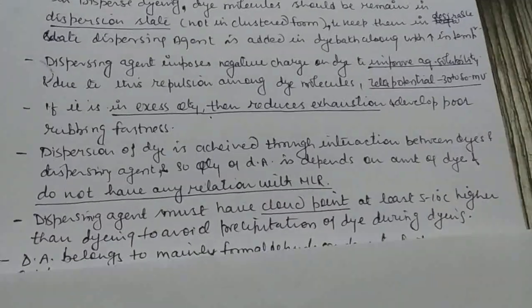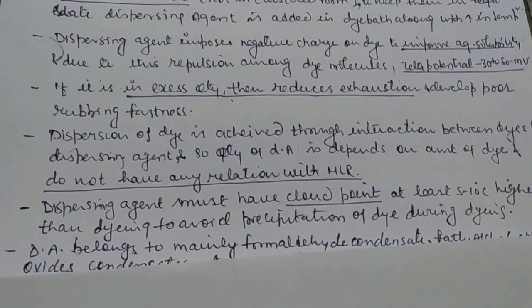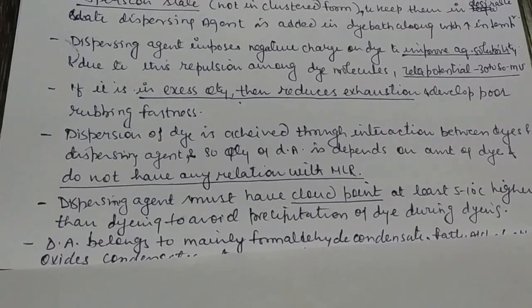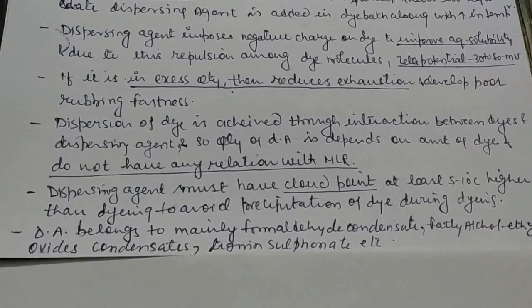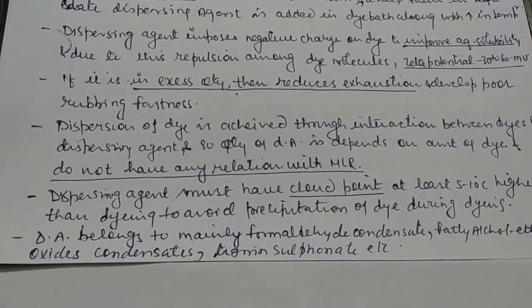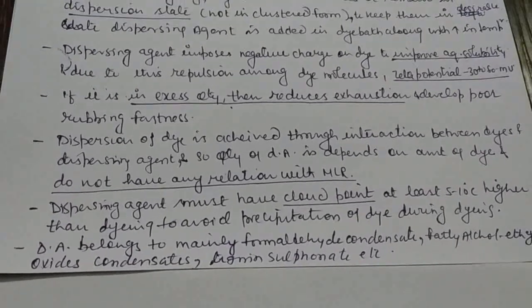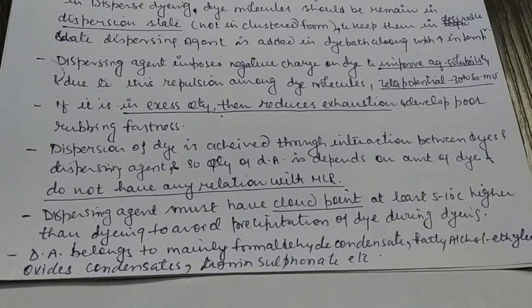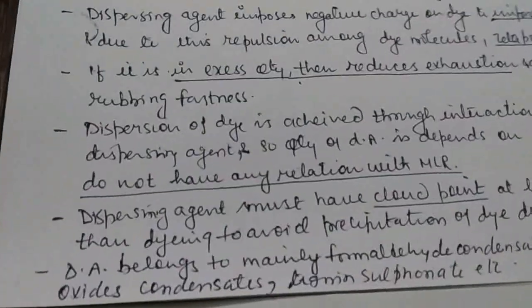So to avoid precipitation, the dispersing agent must have a cloud point 5 to 10 degrees centigrade higher than the dyeing temperature. Dispersing agents belong mainly to formaldehyde condensate, fatty alcohol ethylene oxide condensate and lignin sulfonate types.